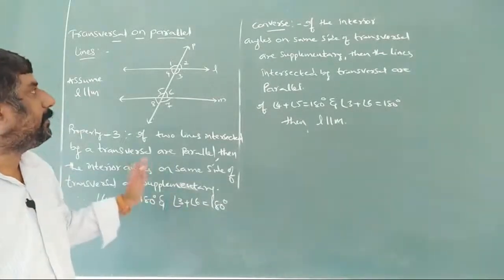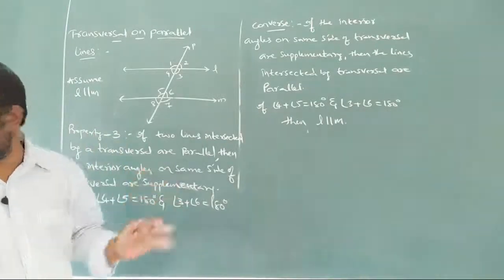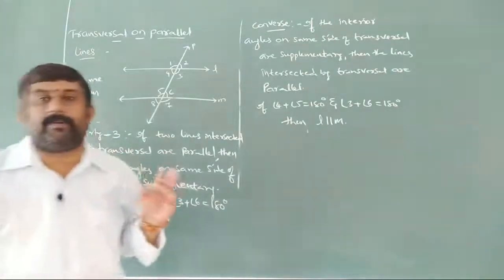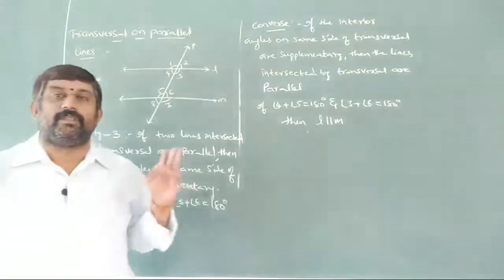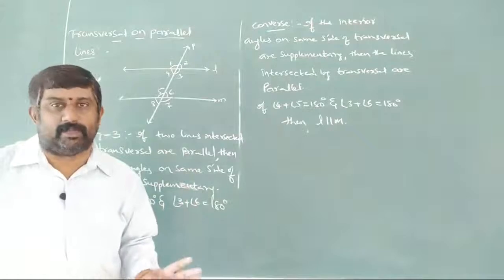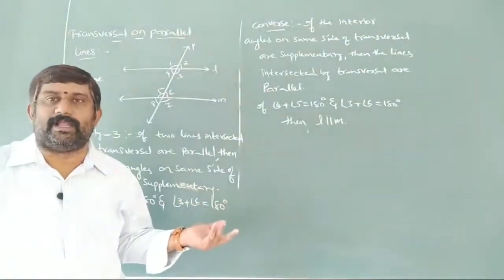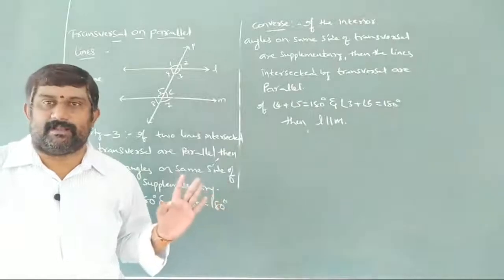So this is the topic of transversal on parallel lines. What happens here? 3 properties we are observing here. What are those? The first one is, if the lines are parallel, then corresponding angles are equal. Or converse, if the corresponding angles are equal, then the lines are parallel.